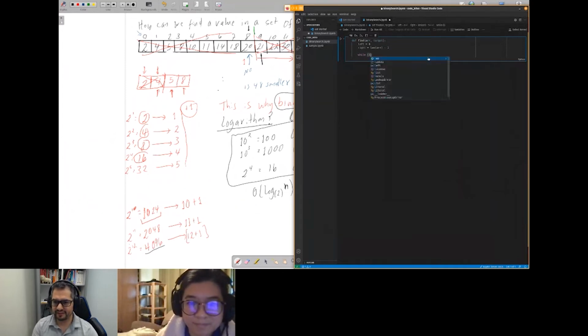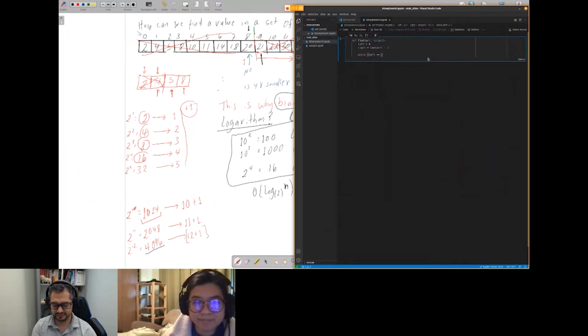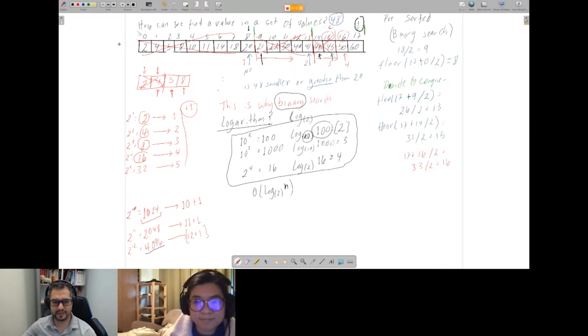If my left is less than or equal to my right, right? My left pointer has to be less than my right.